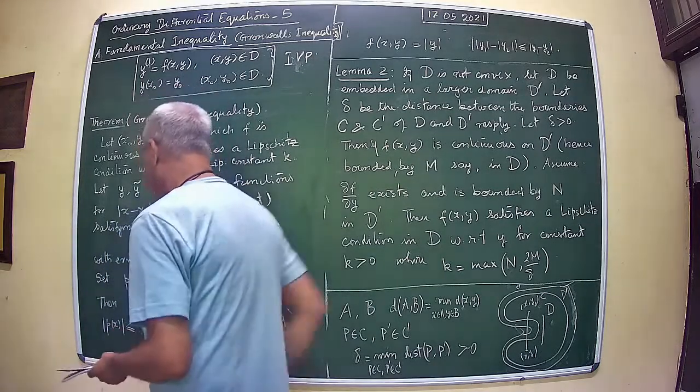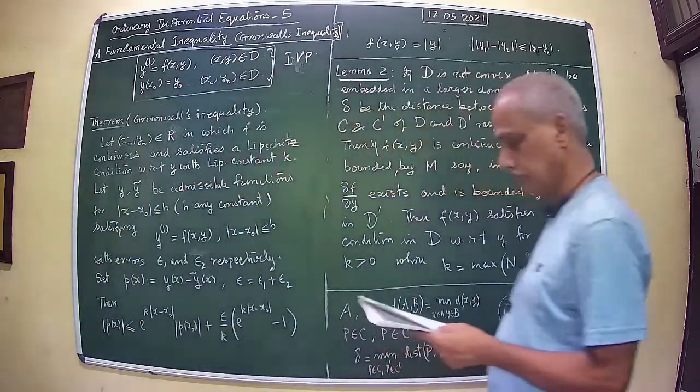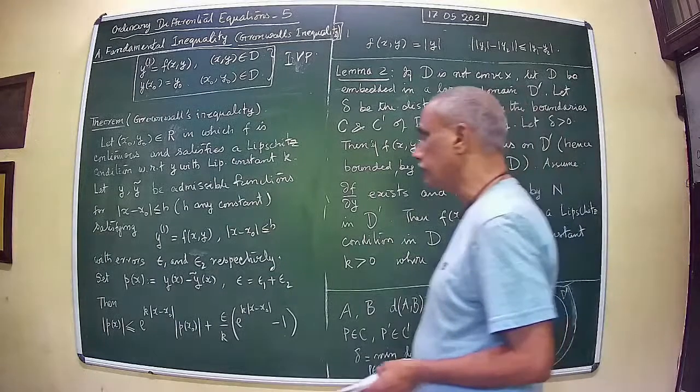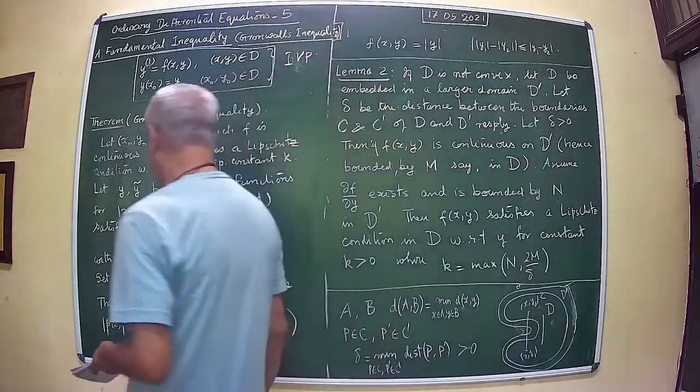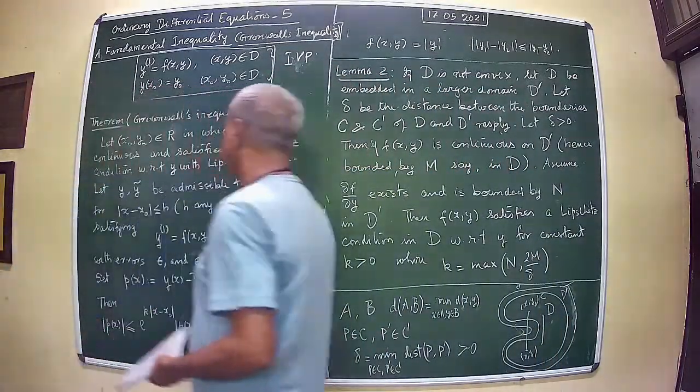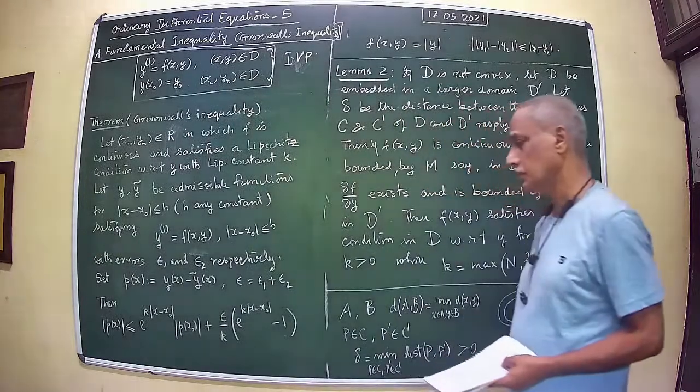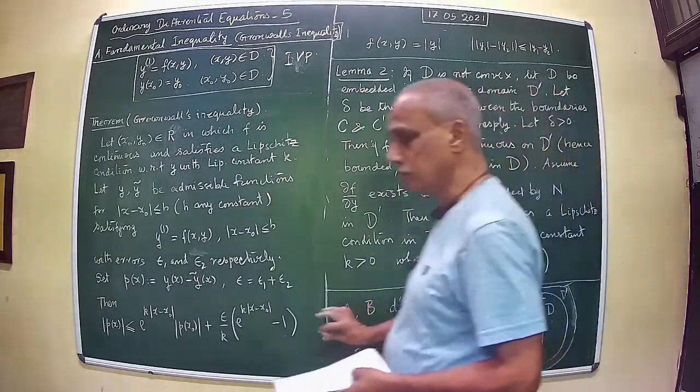So this is the main inequality. This is called the fundamental inequality or Gronwall's inequality. Our objective is to prove this theorem.